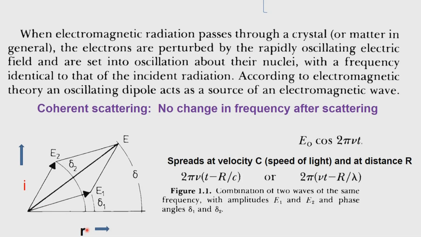So, suppose we have two waves E1 and E2, and they are now coming out from this system, and E1 is at a phase which is delta 1 and E2 has a phase which is delta 2. Then these two now will combine, and the way in which the resultant is taken is very well known in mathematics. So, we take the resultant, and the resultant of these two waves E1 and E2 is E, which now has a separate phase which is delta.